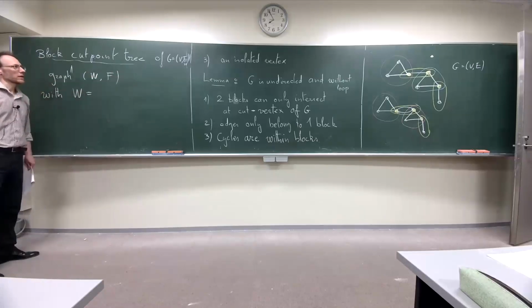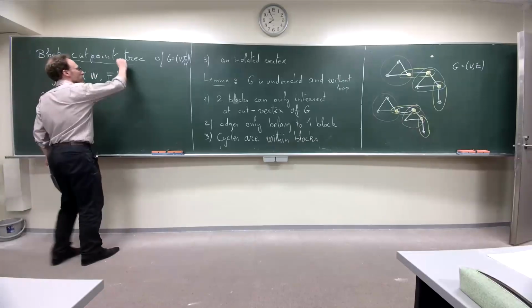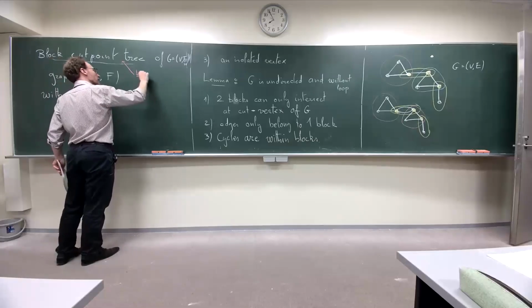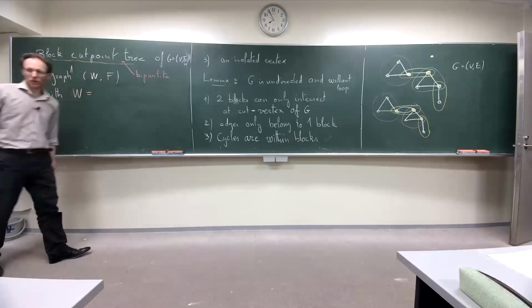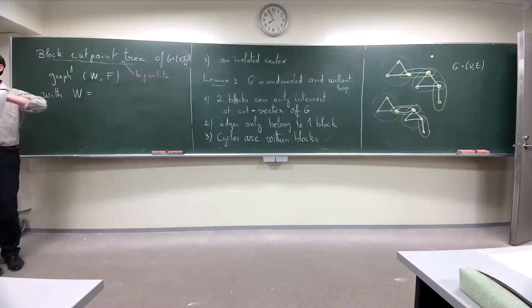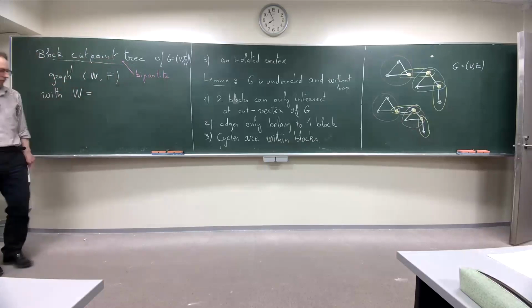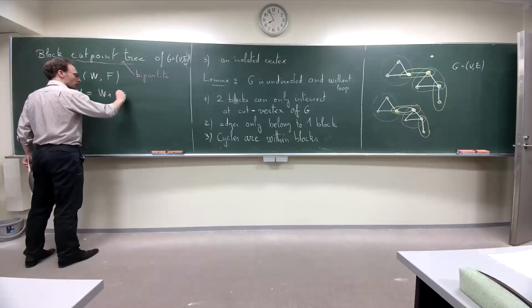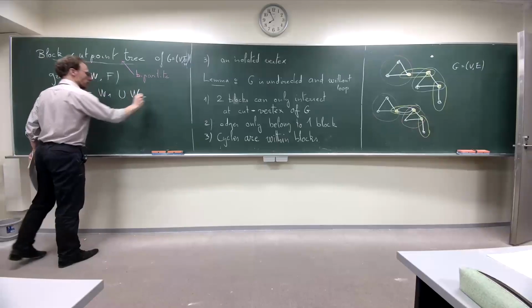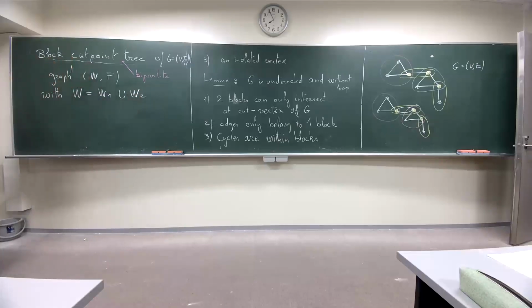If I want to get, I can already emphasize here, a bipartite tree, it means a set of edges can be divided into two parts. So W is going to be W1 union W2, and they should have no intersection.